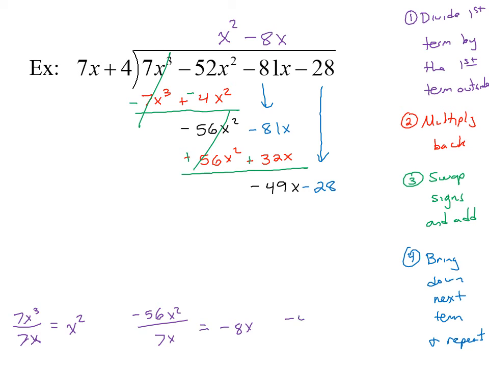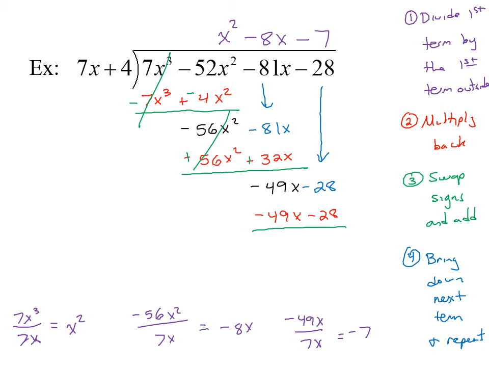I will divide the negative 49x by the 7x out front, which gives me negative 7. The x's cancel. Negative 7 goes on top. Multiply it back. Negative 7 times 7 is negative 49x. Negative 7 times 4 is negative 28.